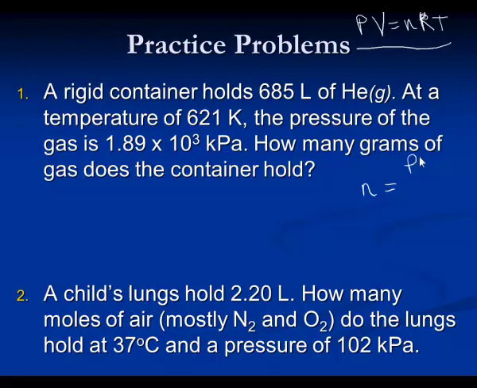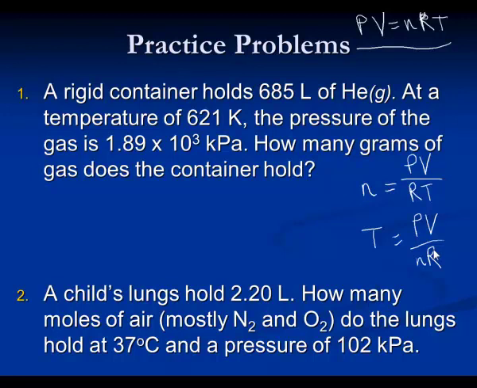So if I wanted to calculate moles, to isolate the n, I have to divide both sides by RT, and so that's what the expression would look like if I wanted to figure out moles, which is what the questions are going to be asking about on this slide. If you wanted to isolate any other variable, though, you can just rearrange the equation. If you needed to calculate temperature, for example, then you would have to divide both sides by the number of moles and the gas constant. So it would wind up being PV over nR.